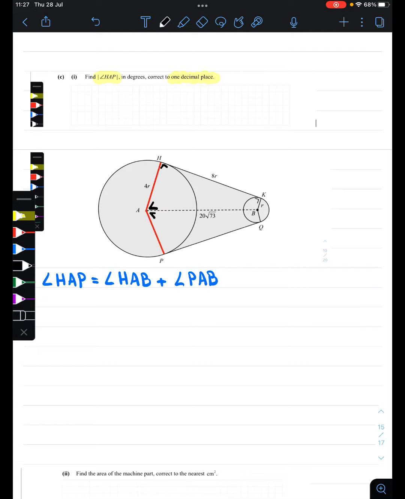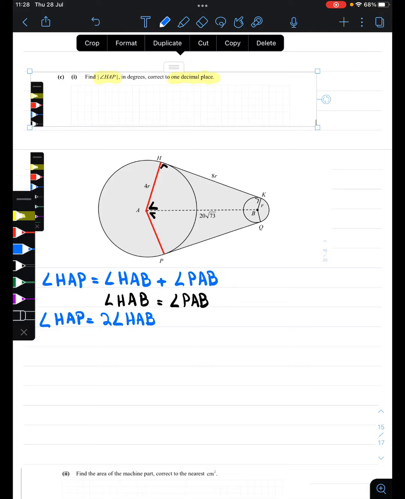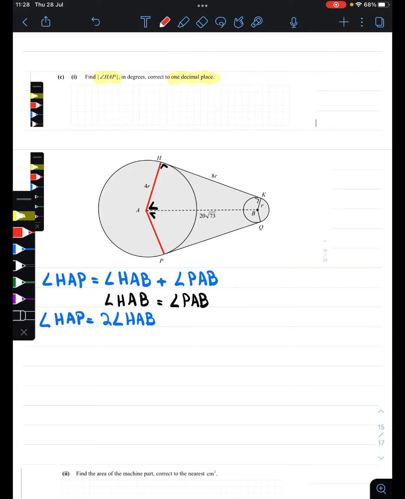And because they're equal, HAB is equal to PAB. And so then we can rewrite our formula for HAP as HAP is equal to 2 times HAB. All right, so now what we're looking for is this angle here.